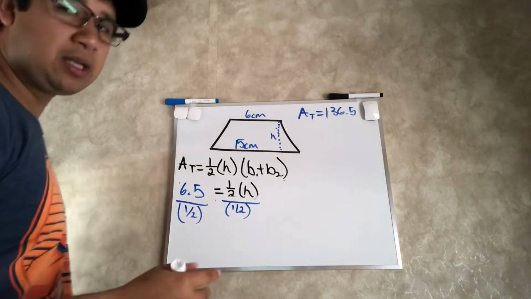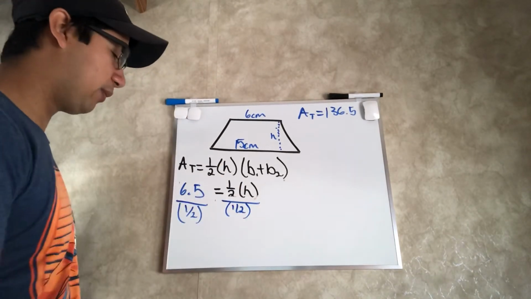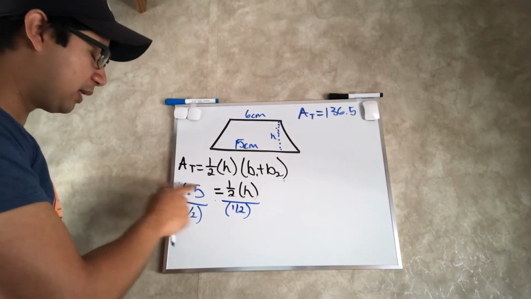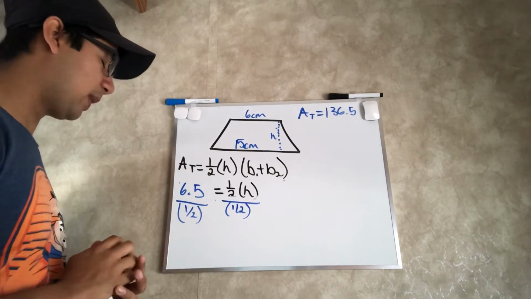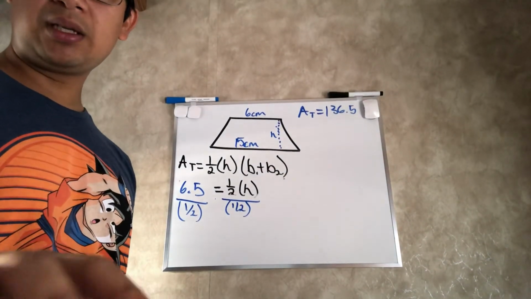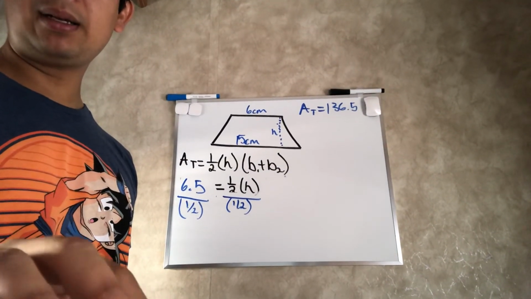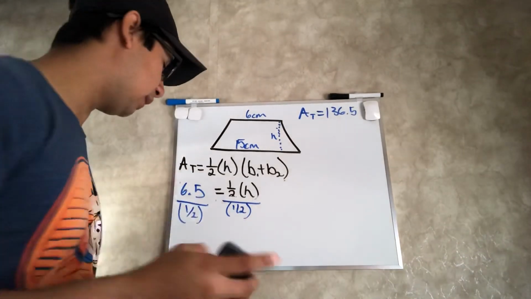If this confuses you because it's a fraction, you could always put that into a decimal. So you're dividing by 0.5. Technically you're dividing 6.5 by 0.5, and that should give you 13. Let's try it out. 6.5 divided by 0.5, yes, it gives you 13.